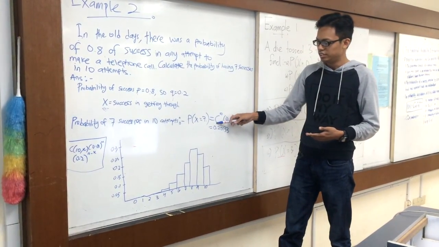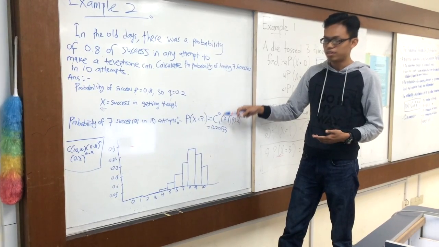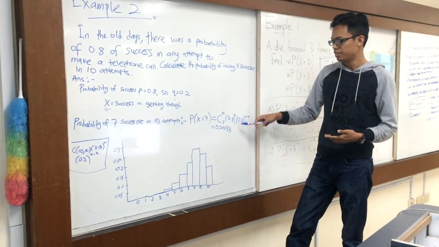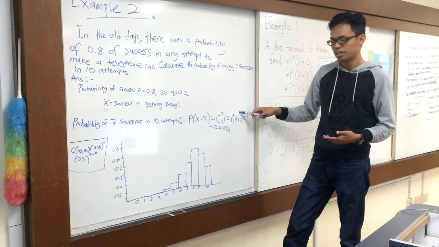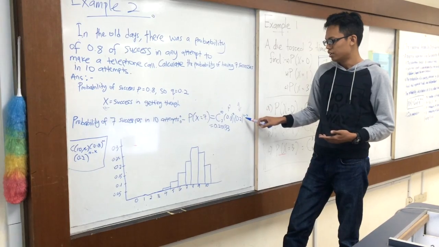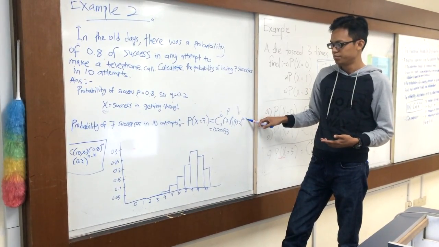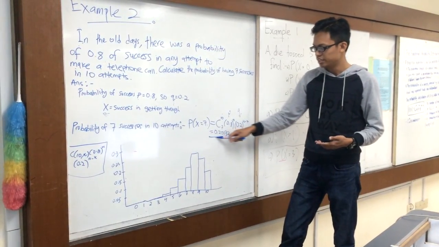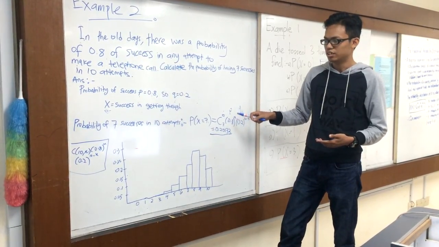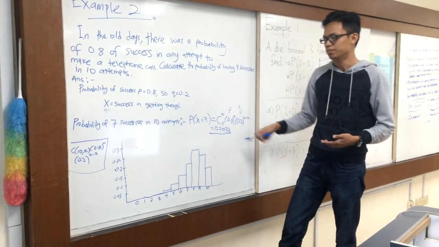So C 7 out of 10, 0.8 to the power 7, times 0.2 to the power 10 minus 7, where this is P and this is Q. The answer we get is 0.20133, the probability of 7 successes in 10 attempts.